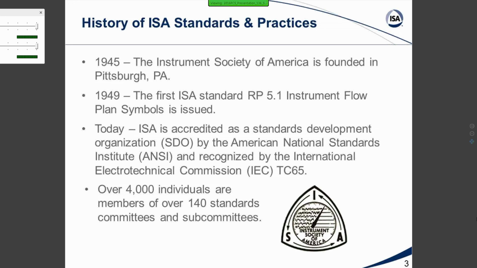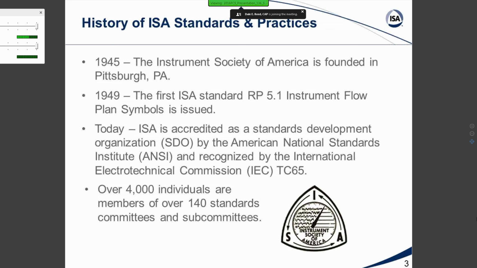So we work primarily with Technical Committee 65, a subpart of IEC that looks at automation. ISA writes standards that are both American National Standards and also go on to become IEC standards. So that's a lot of responsibility.